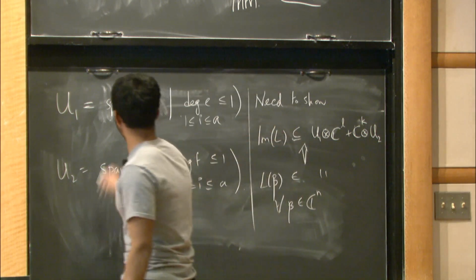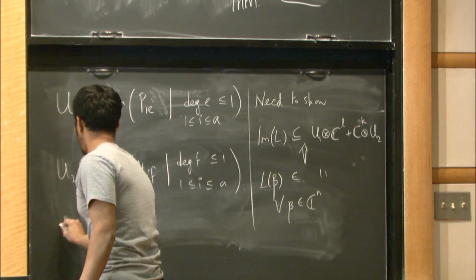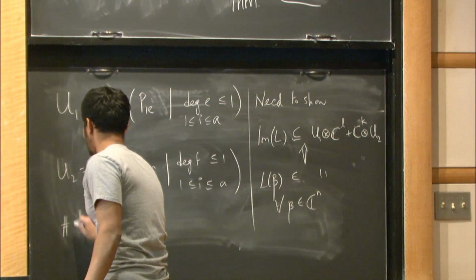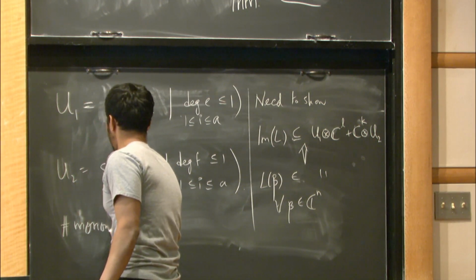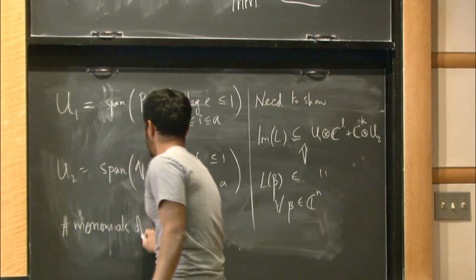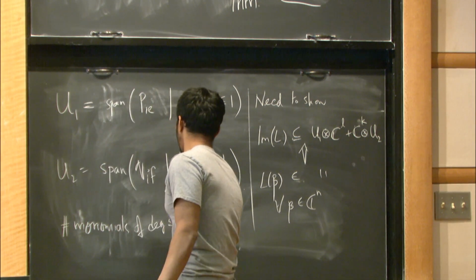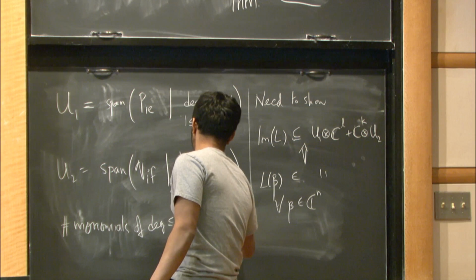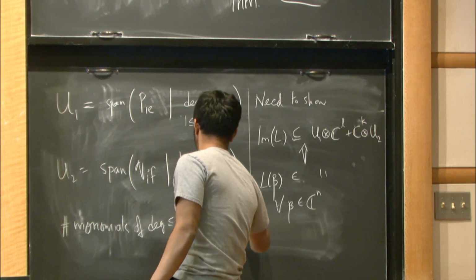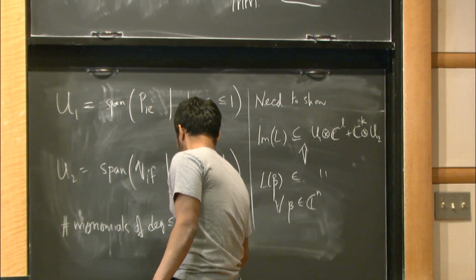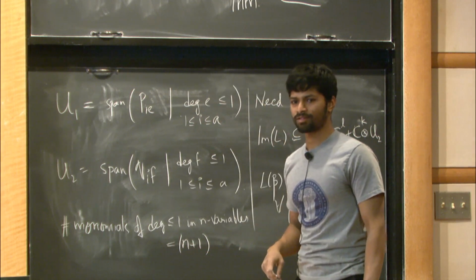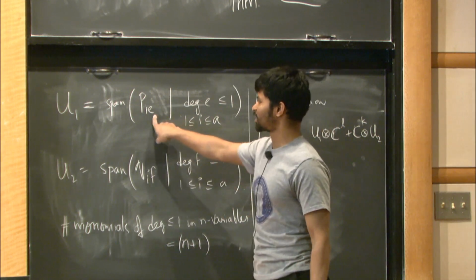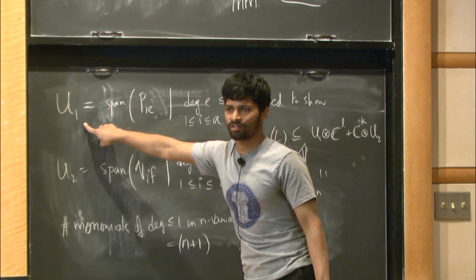Okay, so the number of monomials of degree ≤ 1 in n variables is equal to n plus 1. That's how many vectors span this subspace.